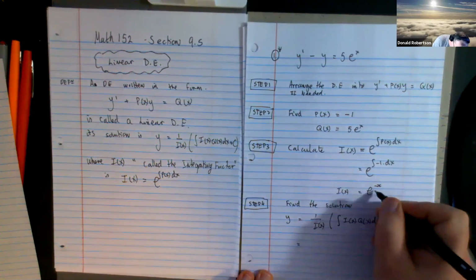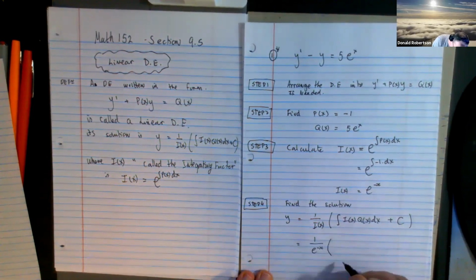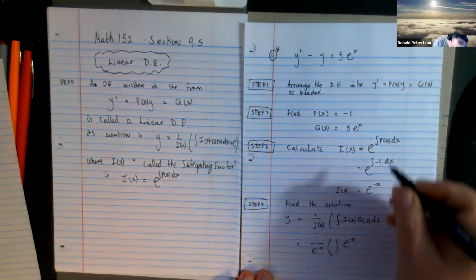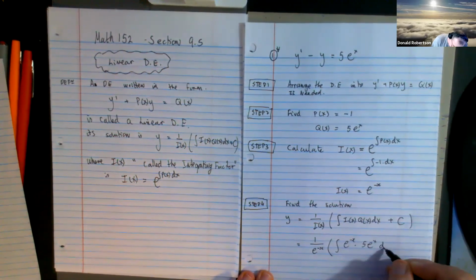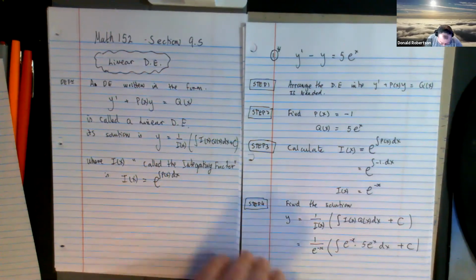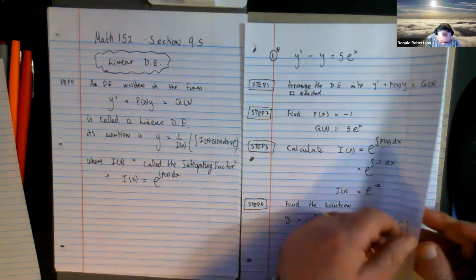It's going to be 1 over e to the -x, times the integral of e to the -x times q, which we found out was 5e to the x, add c. What do you think I'm going to do next in this one particular example?